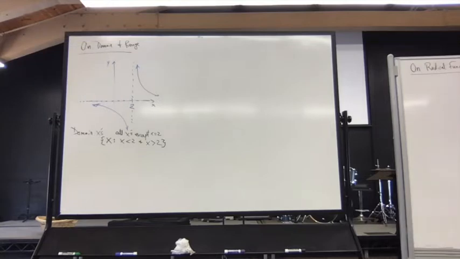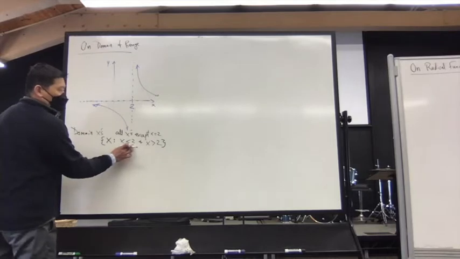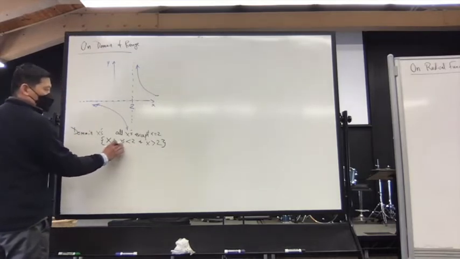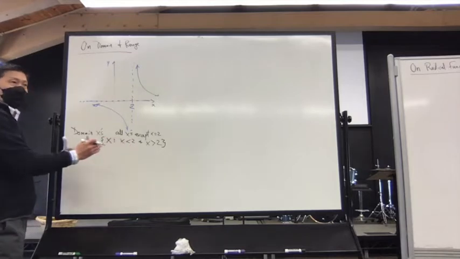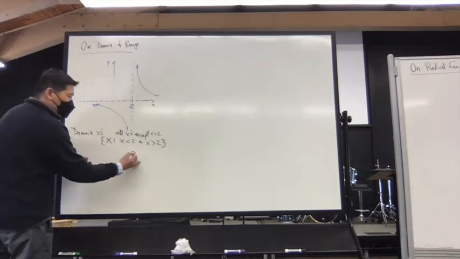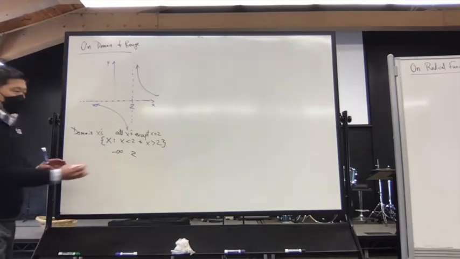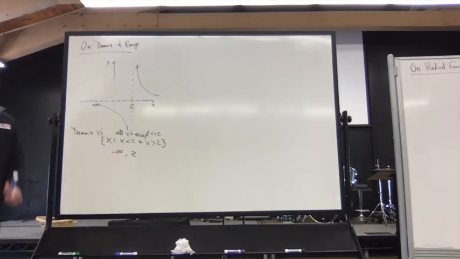So that's the translation. Another way to do this: x is less than 2 means x is between negative infinity and 2, and you put a comma in between.